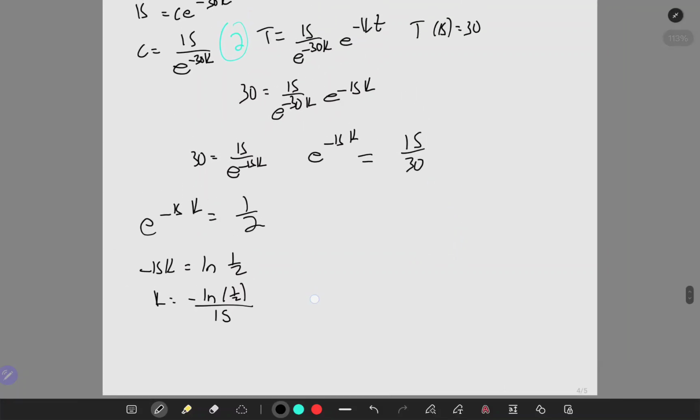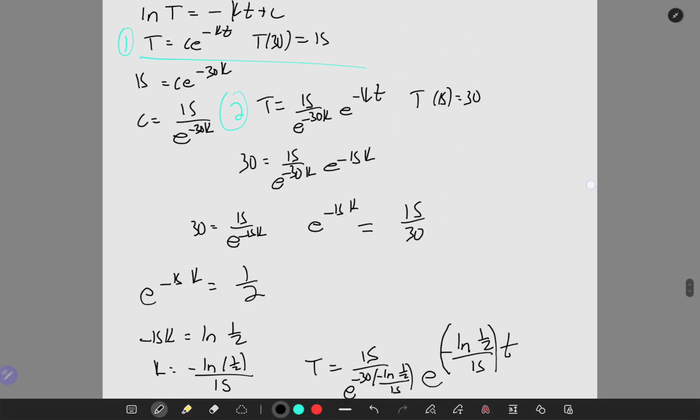So let me look back up there. T is equal to 15 over e to the minus 30 times negative natural log 1/2 over 15 times e to the minus natural log 1/2 over 15 times t.